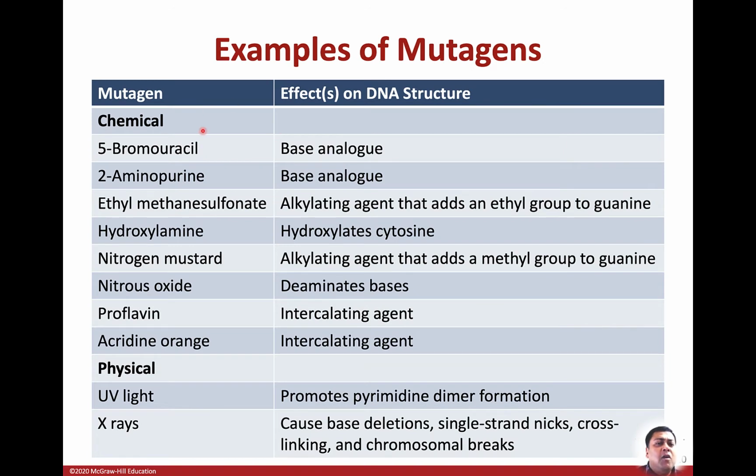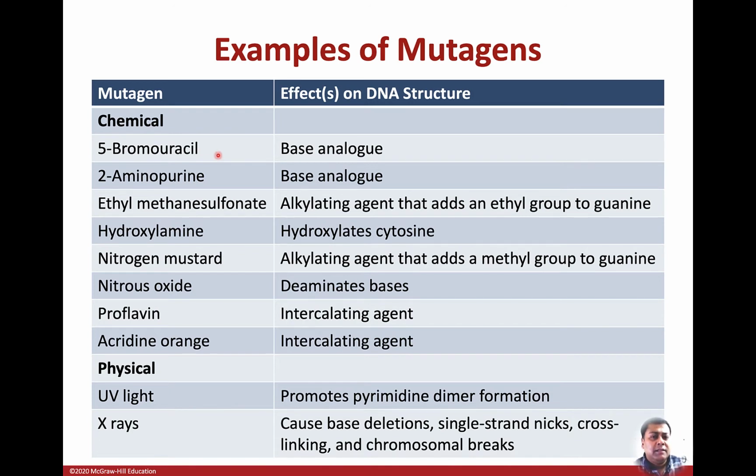So a very common two of these base analogs are 5-bromouracil and 2-aminopurine. These are the base analogs, and when they are incorporated into the DNA, the huge problem for this bromouracil is that they can form the tautomeric forms much more frequently than normal ATCGs. So much more tautomerization, and when those happen, this uracil will base pair with other purines much more easily.